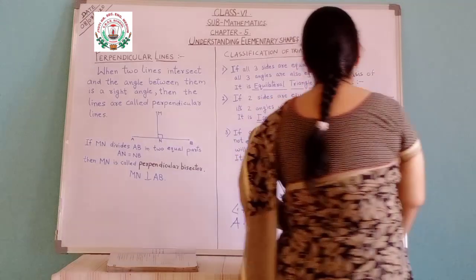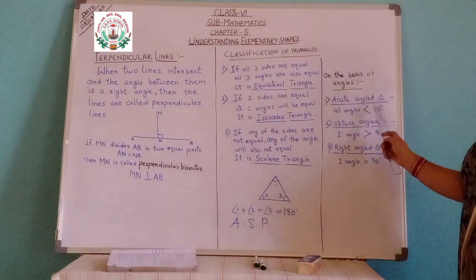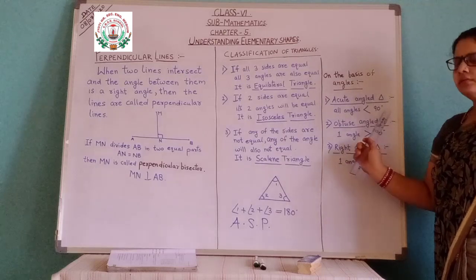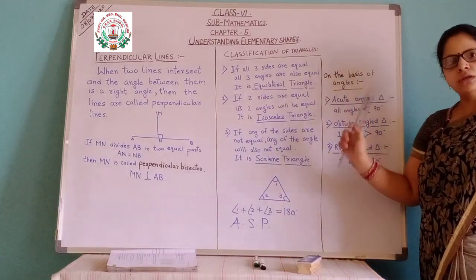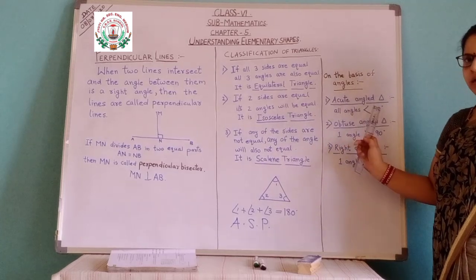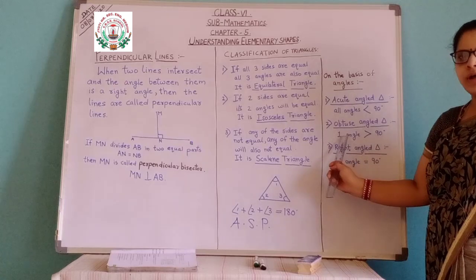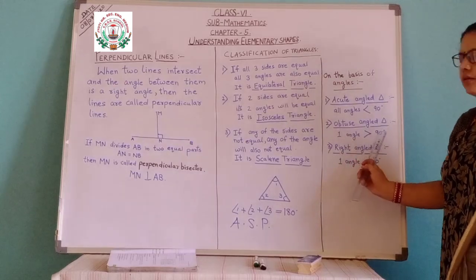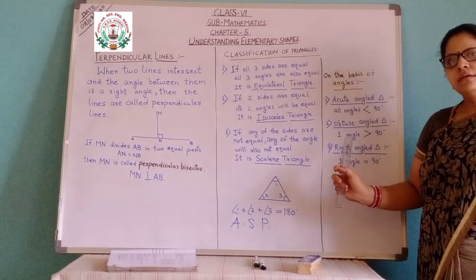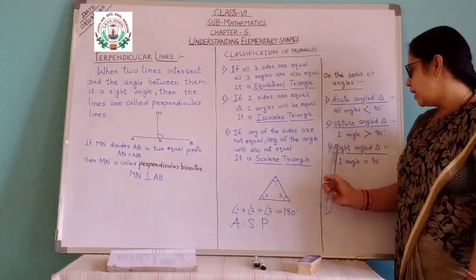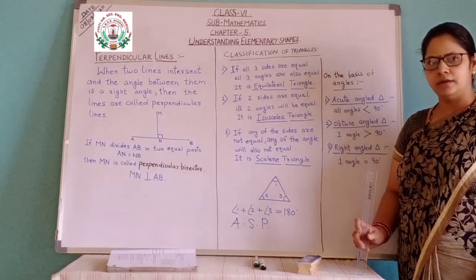So, if all the angles are less than 90 degrees, then it is called an acute angled triangle, because angles are less than 90 degrees. In an obtuse angled triangle, only one angle will be greater than 90 degrees. And in a right angled triangle, here also only one angle will be equal to 90 degrees.